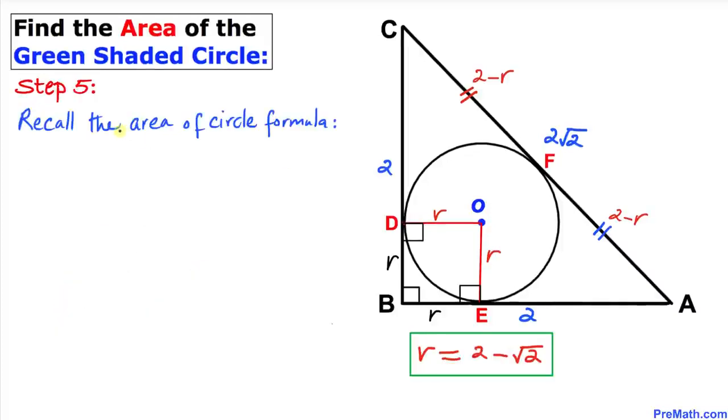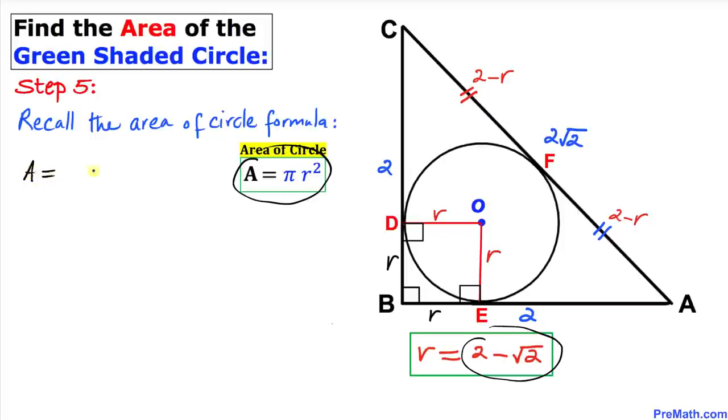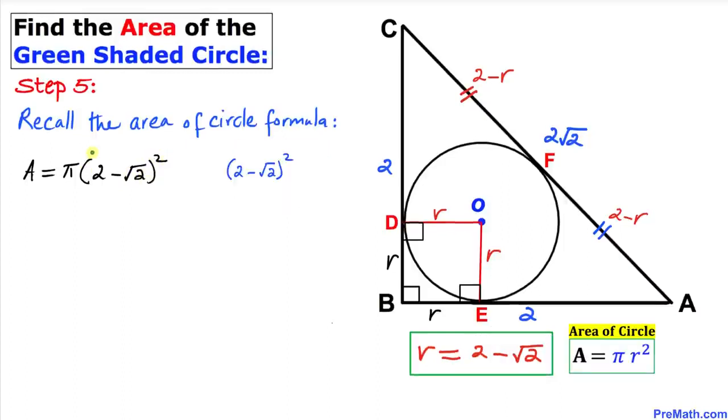And here's our final step. Let's recall the area of a circle formula. And here's the circle formula, A equal to pi r square, where r is 2 minus square root of 2. Let's go ahead and fill in the blanks. So area equal to pi times 2 minus square root of 2 and then square. Now let's focus on this square part over here. I have just copied it down over here and we are going to simplify this one.